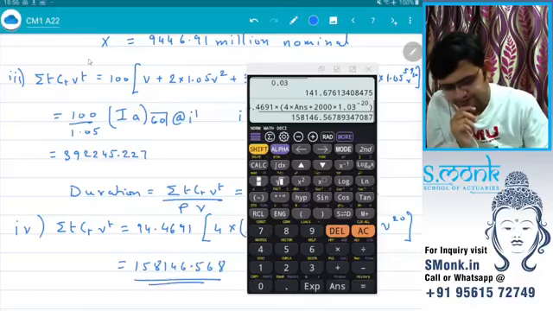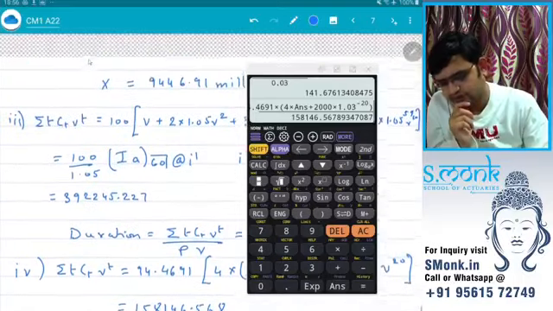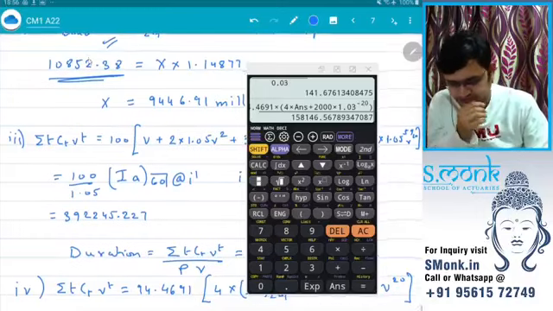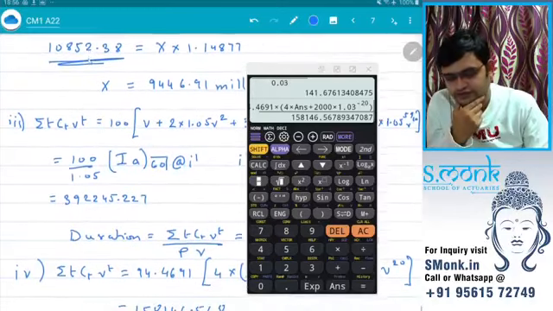Of course, this we will divide by the present value, and both present values are equal. That is how we got our value of x. So 10852.